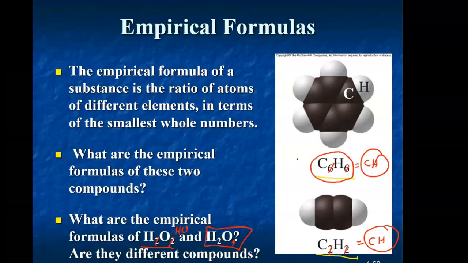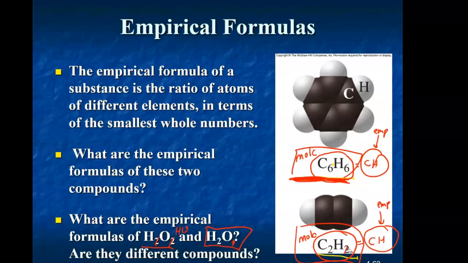These are the molecular formulas, how it actually is in nature, and the empirical is just the simplest way to write it. Water has the same empirical and molecular formula because water exists as H2O in the real world, and you can't simplify it any further.